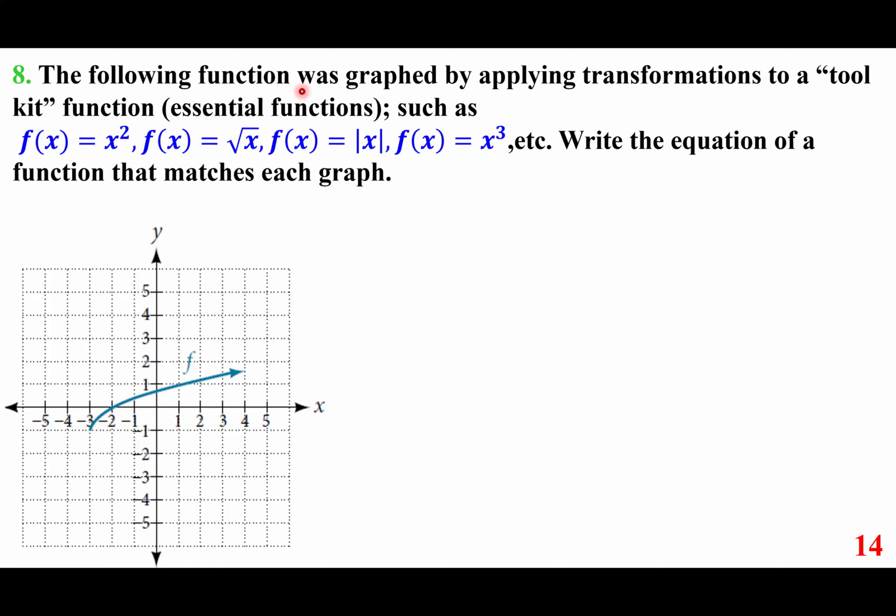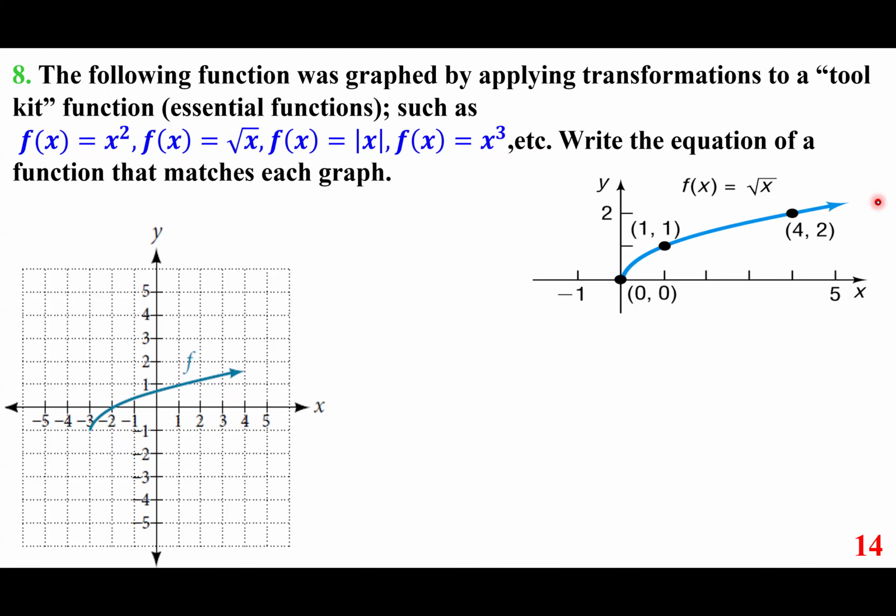The following function was graphed by applying transformation to a toolkit function, such as the functions that have been mentioned, f of x equals x squared and so on. Write the equation of a function that matches each graph. Remember, if we know the basic graphs, we know it looks similar to this function. We should recognize that as f of x, or y equals square root of x.